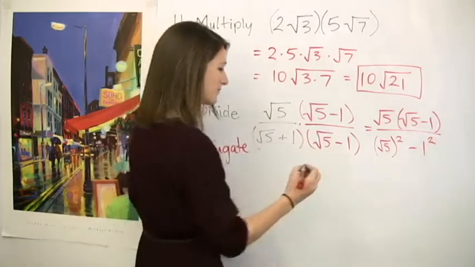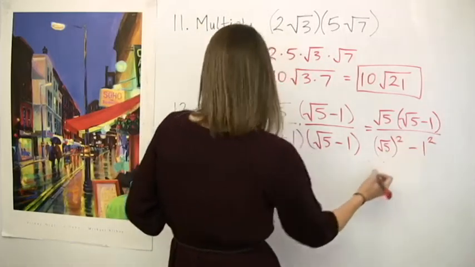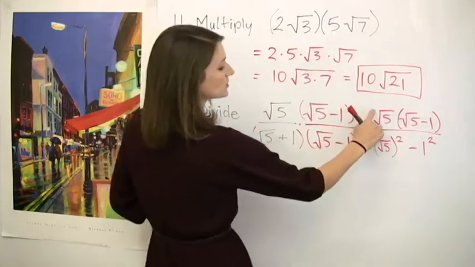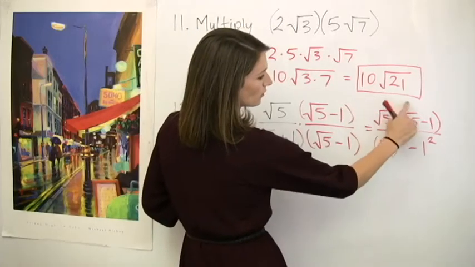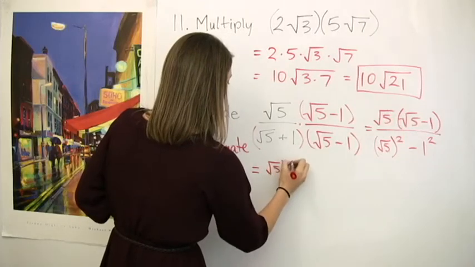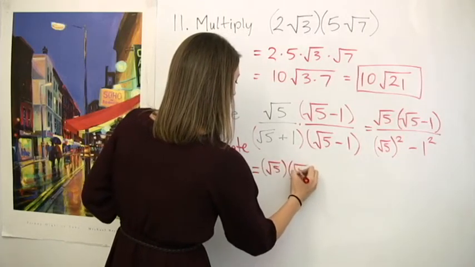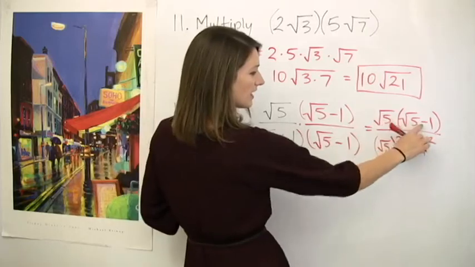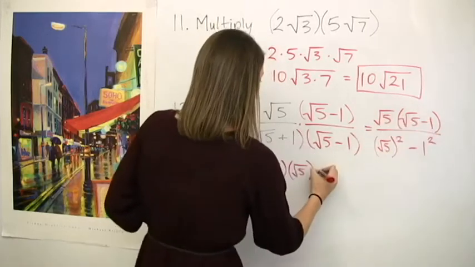And then we simplify. So I'm going to move it down here. We use our distributive property. We've got the square root of 5 times the square root of 5. And then the square root of 5 times negative 1.